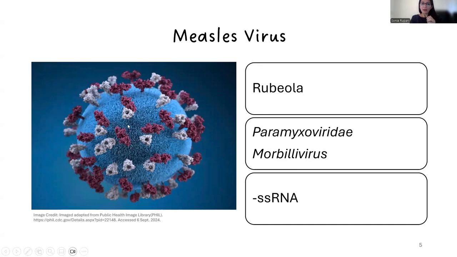Then the F protein, the fusion protein, helps it fuse to the target receptor cell and penetrate into the host cell. It first becomes the positive sense RNA, and then it can start replicating and making its protein and send out the virus so that there's an infection.